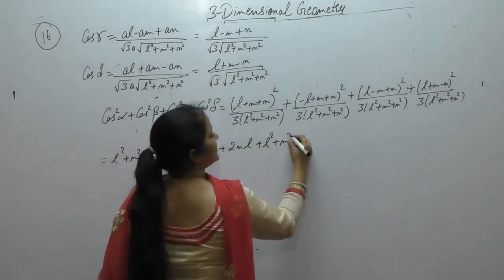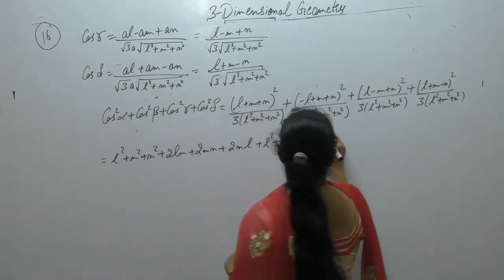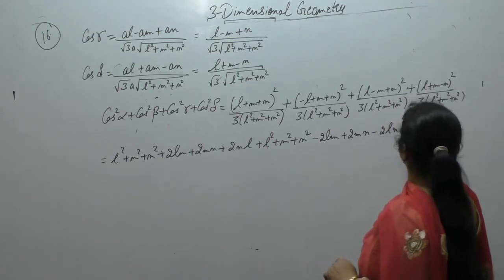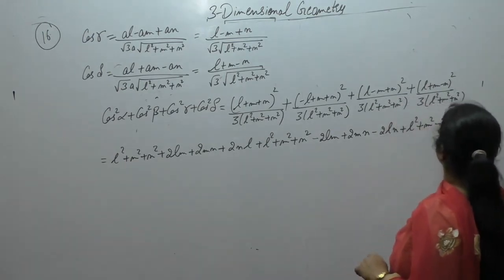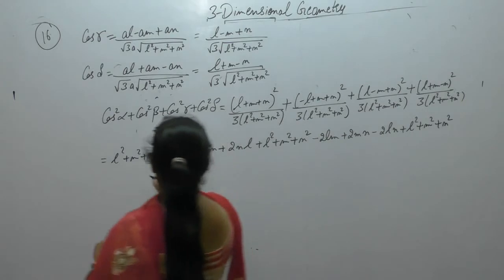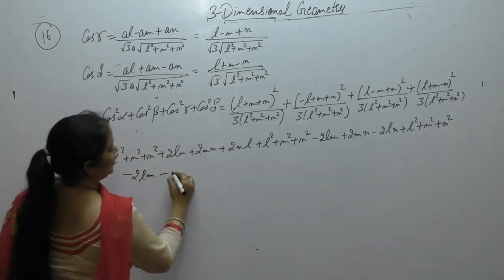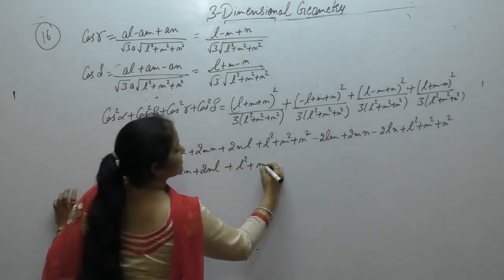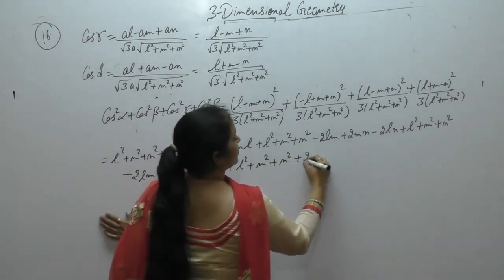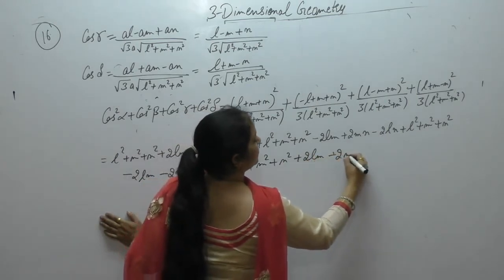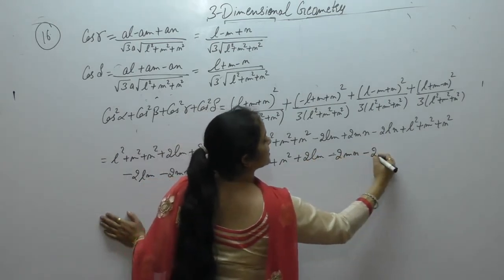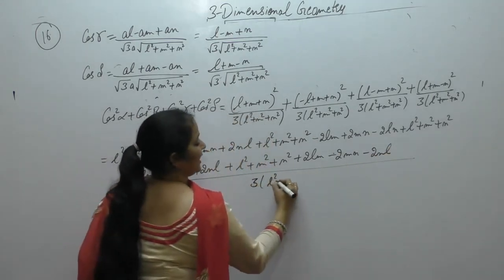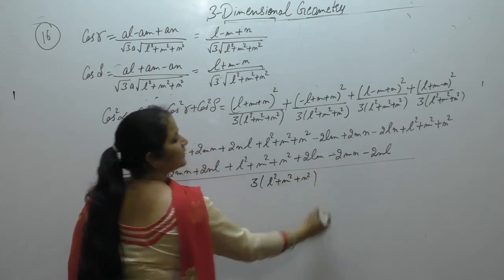So each numerator expands as a square plus b square plus c square plus 2ab, 2bc, 2ca, all upon 3 into l square plus m square plus n square.